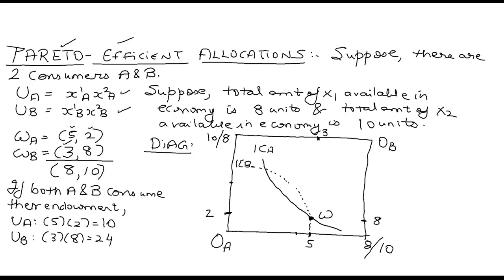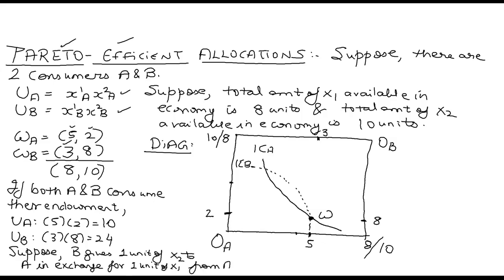Now let us see, suppose they trade with each other. Can they become better off? Like, should they trade with each other? So look at this. Suppose B gives 1 unit of x2 to A in exchange for 1 unit of x1 from A. Let us look at this trade.